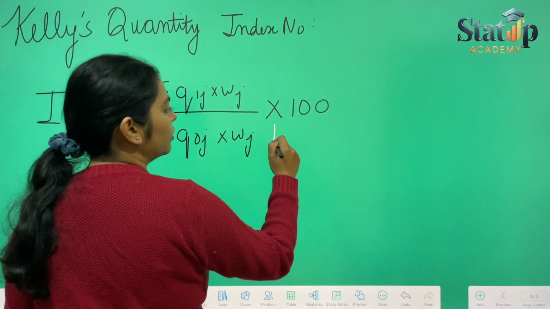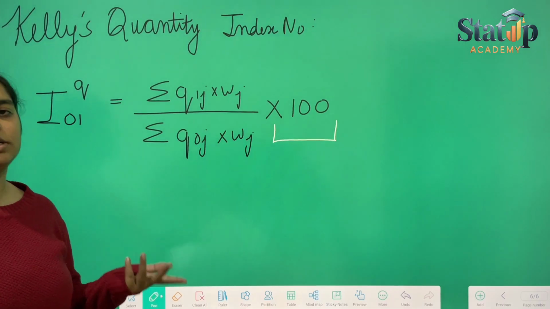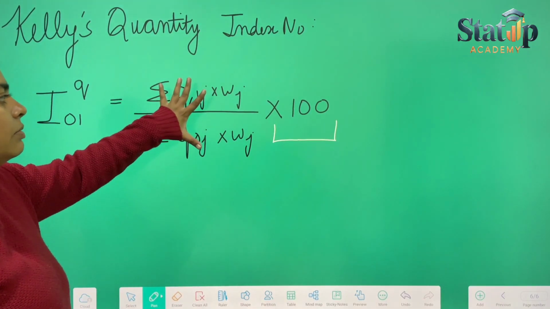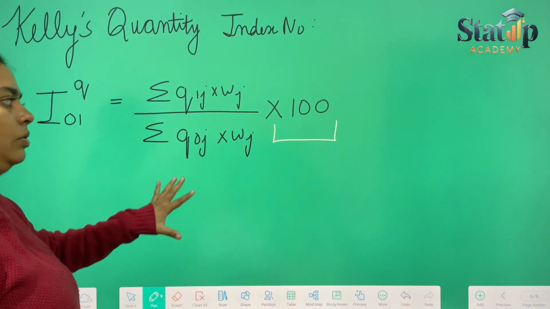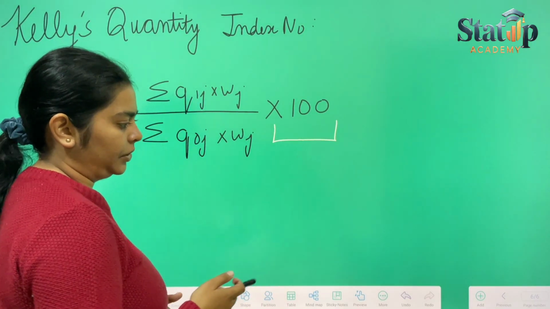This you can ignore, because it is only for easier interpretation that we use 100. Otherwise the basic term is this only. So this you can use for Kelly's quantity index number.